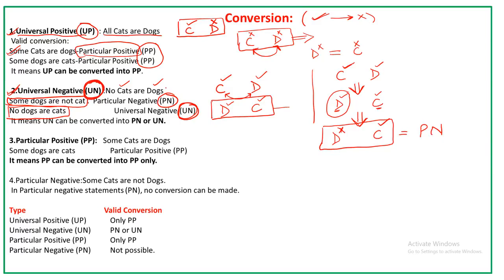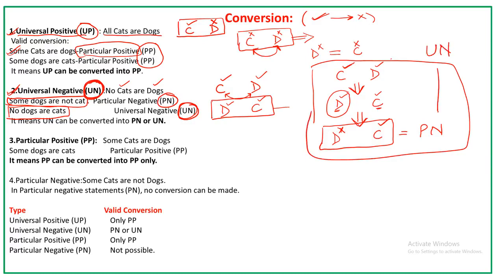Also if you observe, a negative is converted to a negative statement only. Fine. So remember this 2-step conversion of universal negative to particular negative.